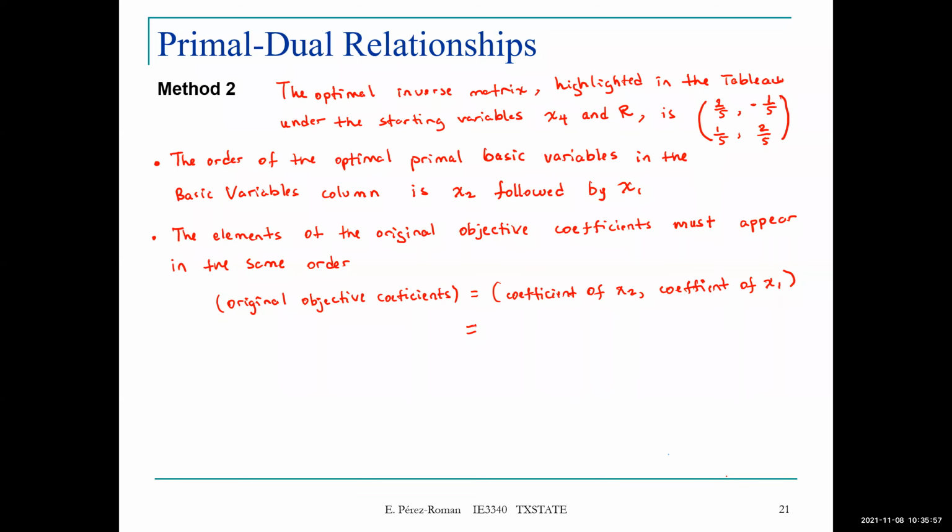So in this case, this is going to be 12 and 5.